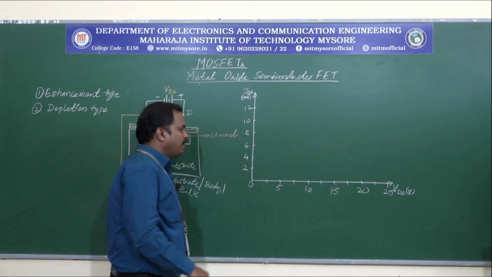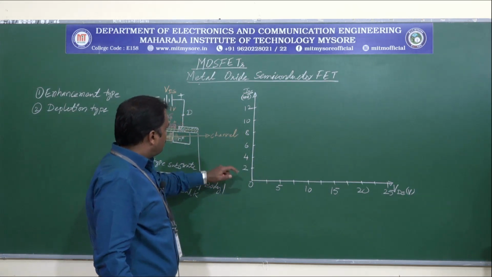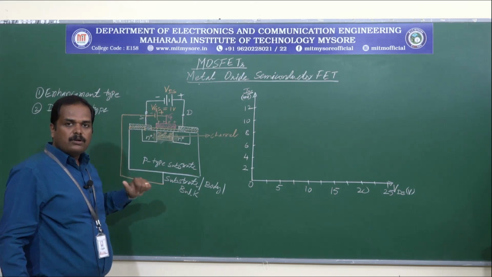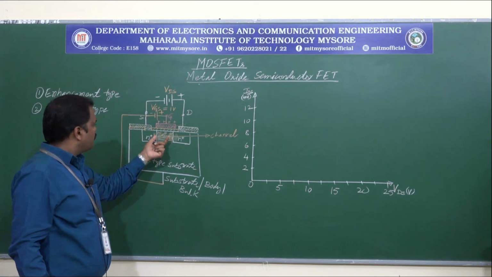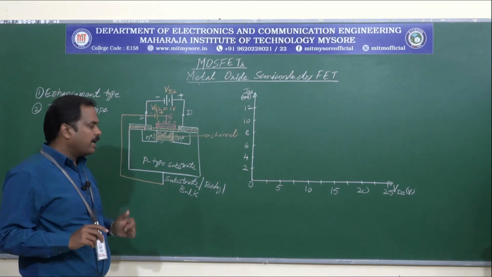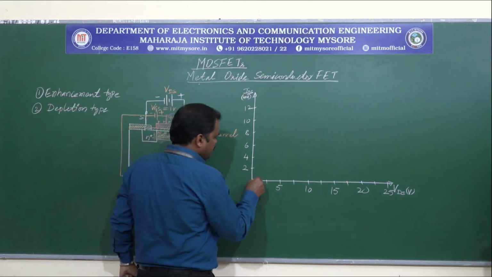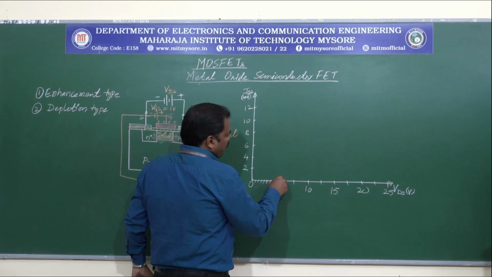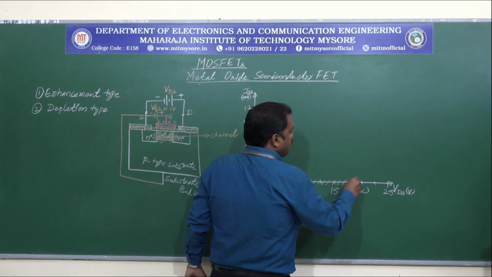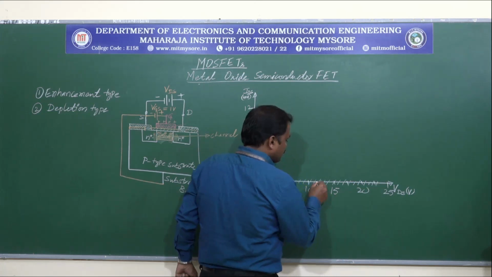So further also we can have. Now what we'll do is, if VGS is equal to 0, there would be no channel created and there is no question of current flowing. So if VGS is 0, there would be no current. So this is for VGS equals to 0.